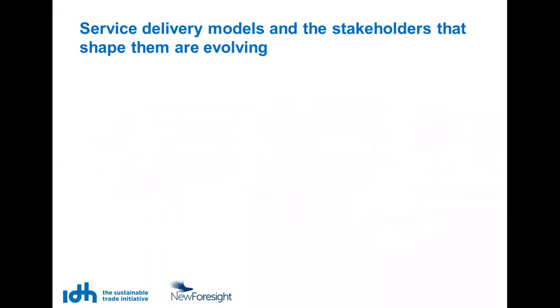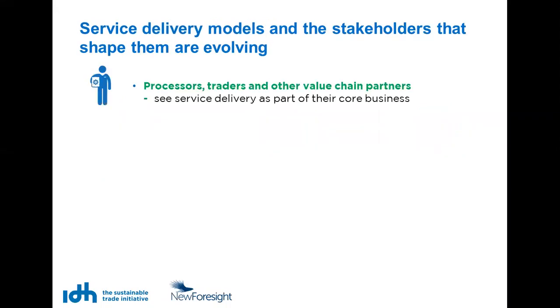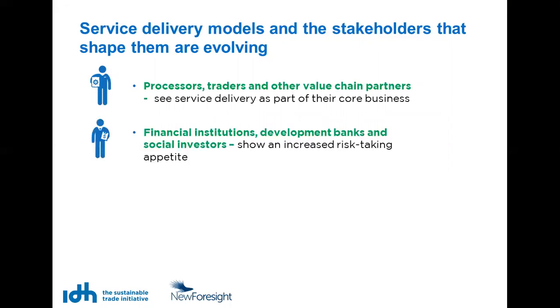We see that there are a lot of stakeholders involved in this work and that they're evolving. So we see that processors, traders, value chain partners more and more see service delivery as part of their core business and not only as an activity for corporate social responsibility. We also see, slowly, but it's upcoming, that financial institutions, development banks, and social investors have an increased risk-taking appetite to be involved and to invest in service delivery models.